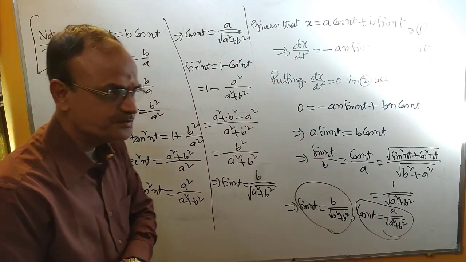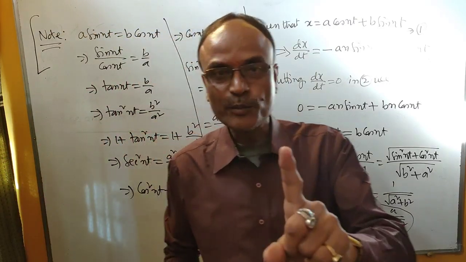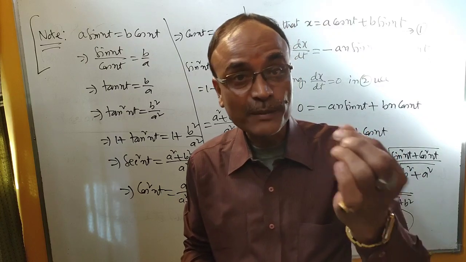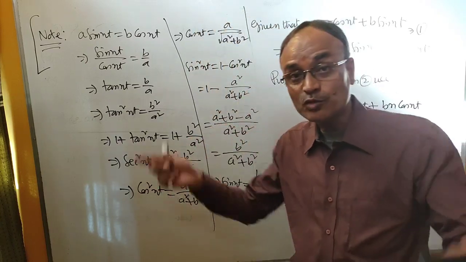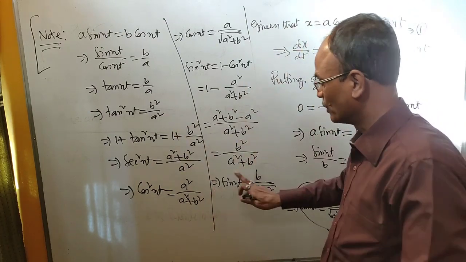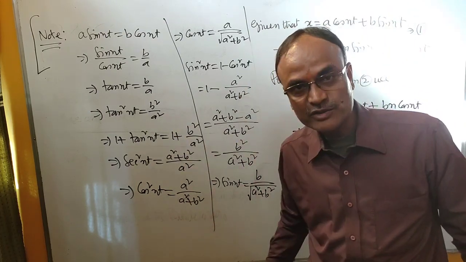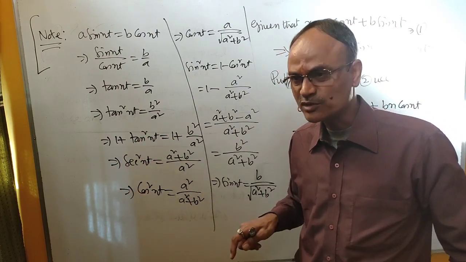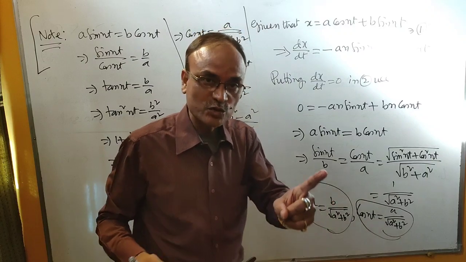Now you see that x is the amplitude of motion where the velocity of the particle becomes 0. But when the velocity of the particle becomes 0, then sin n t equals B divided by root over A square plus B square, and cos n t equals A divided by root over A square plus B square. Therefore, x is the amplitude.